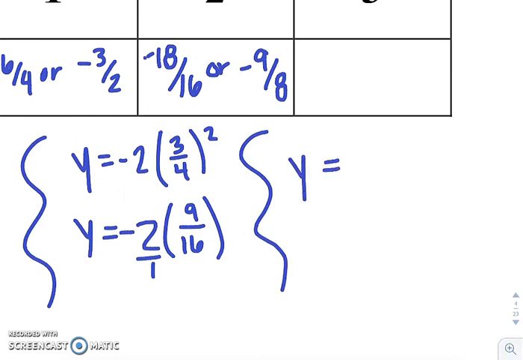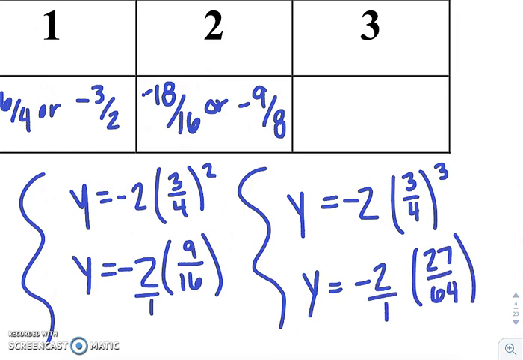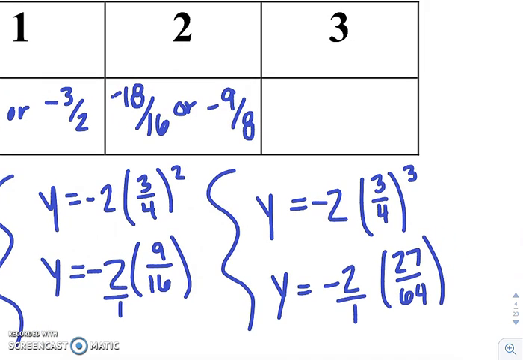And then y equals negative 2 times 3/4 to the third. So y equals negative 2 times 27 over 64. So 27 times 2 is 54/64.